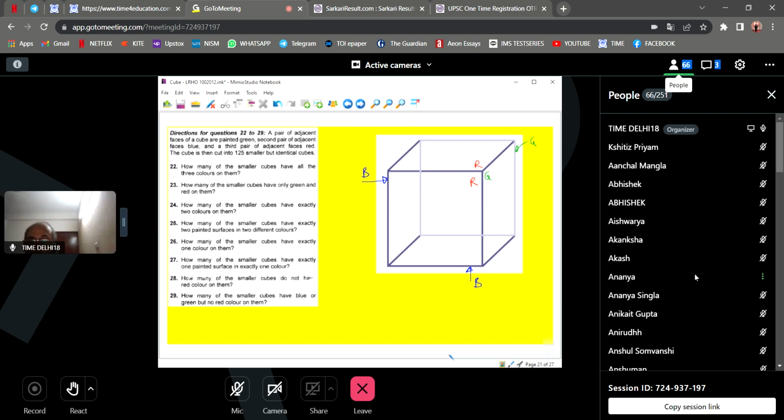Himanshu, see, last two answers are not correct. 1, 2, 3, 4, 5, 6. First six answers are correct, Himanshu. Anchal, 22nd, 23rd, and 24th are correct. Arushi, 26th, the answer is correct.